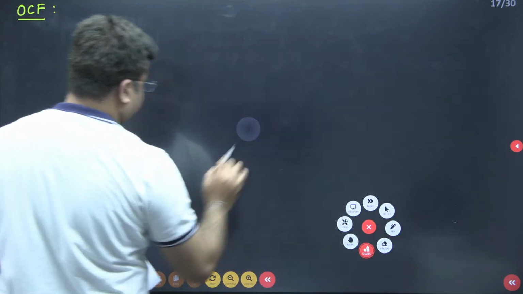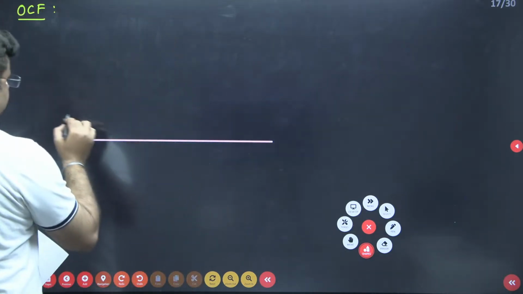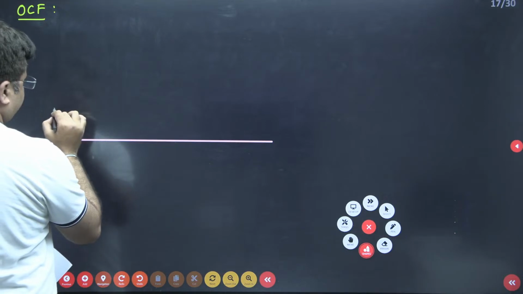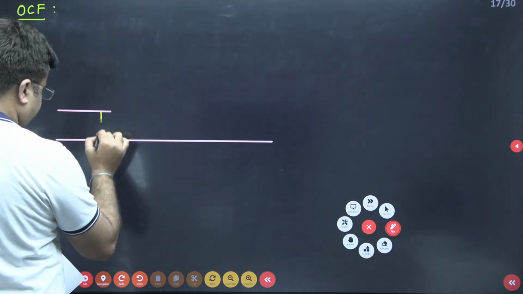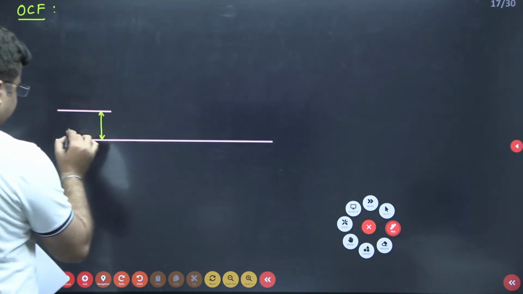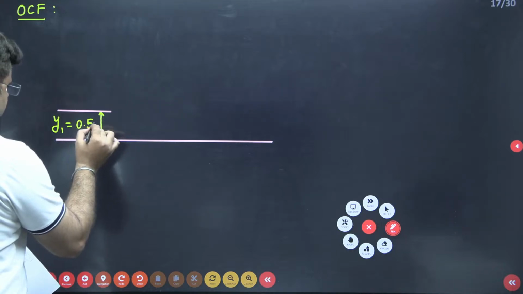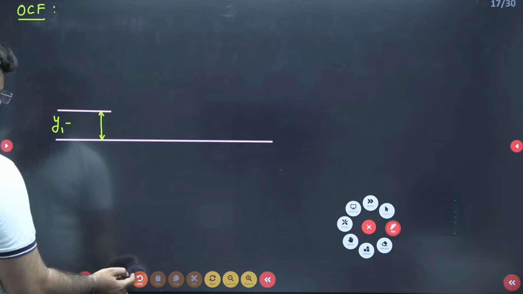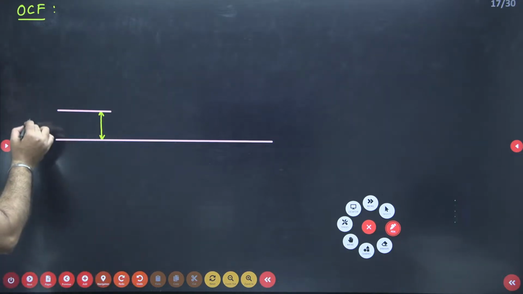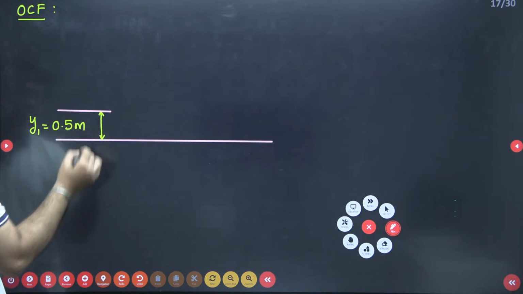So a hydraulic jump is taking place. This Y1 is given to you. This Y1 is 0.5 meter. This is your bed.